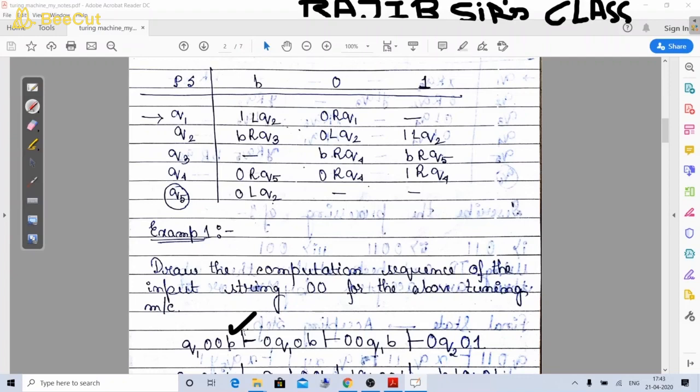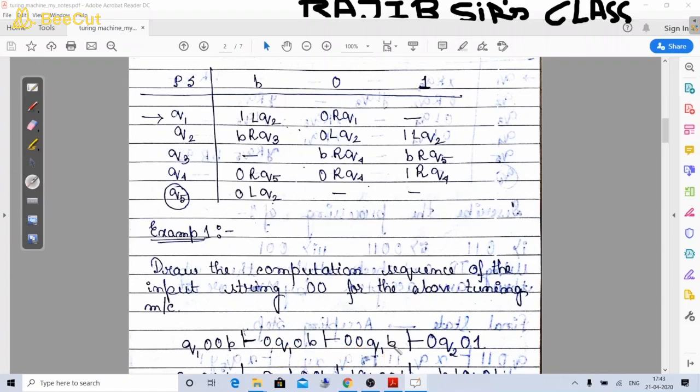Okay, so now we can start with this, and you can see that I am applying this 0 over here. It is 0 q1 0 b. Why? Because I have just explained this for the transition function. Now again I am applying 0 to q1, so the same thing will happen, and we go to the same 0 0 q1.